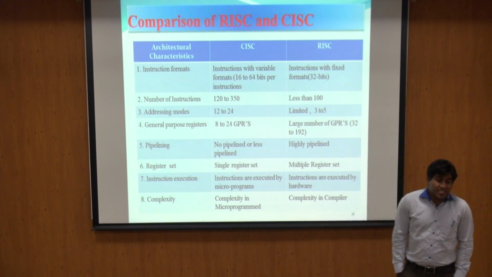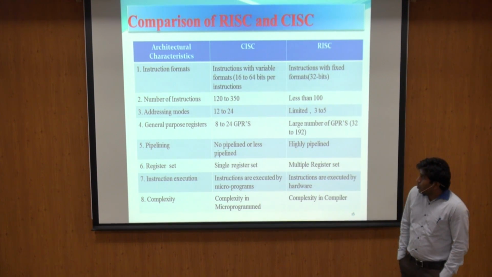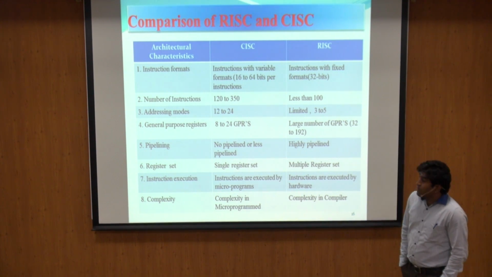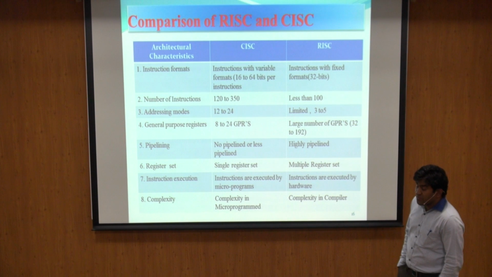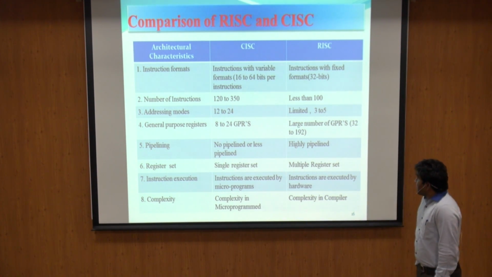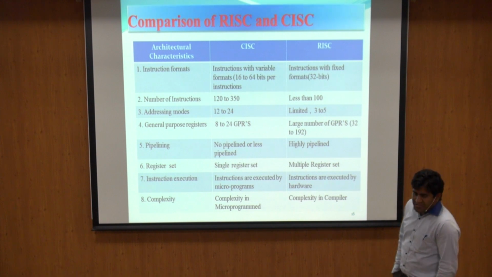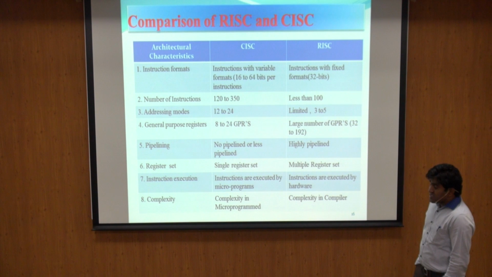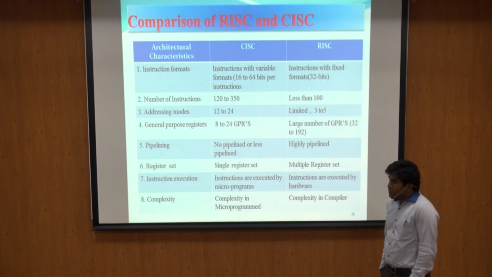Let's discuss a comparison of CISC and RISC according to architecture characteristics. For instruction format, CISC has variable formats, supporting 16 to 64 bits per instruction, whereas RISC has a fixed instruction format of 32 bits.